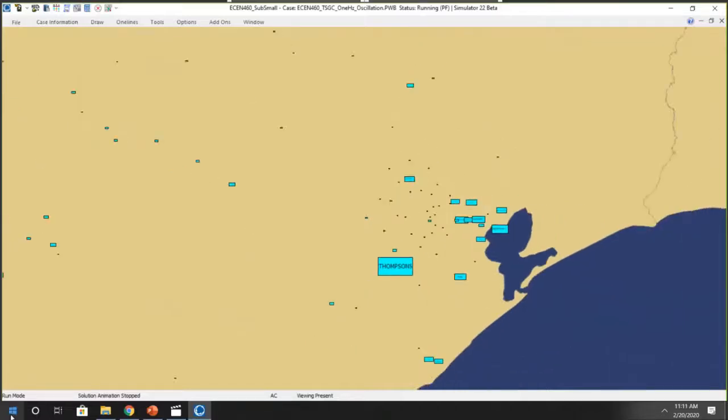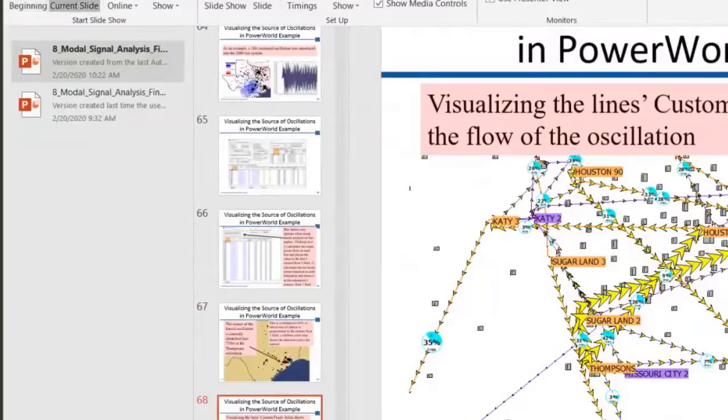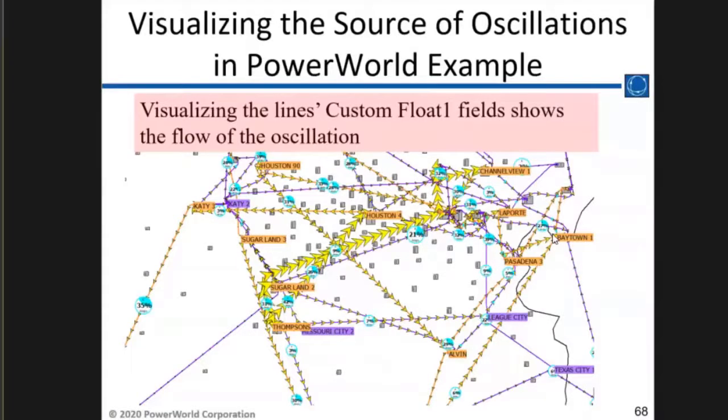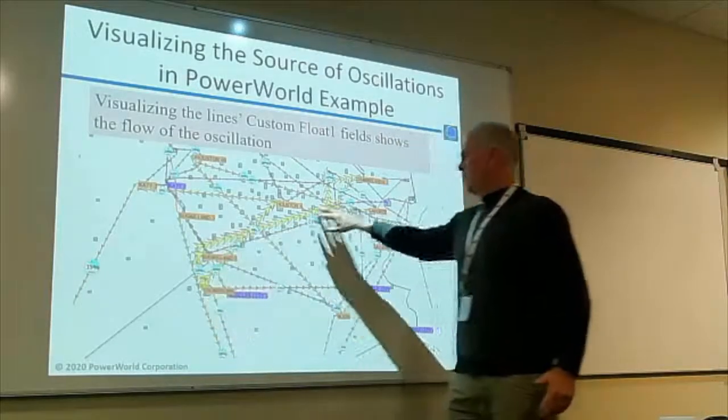And there's a bit of math behind this. Because we have the modal component of the forced oscillation, the 1 hertz oscillation, we have the magnitude and angle of how the angle at each bus is changing, we can estimate a modal line flow.